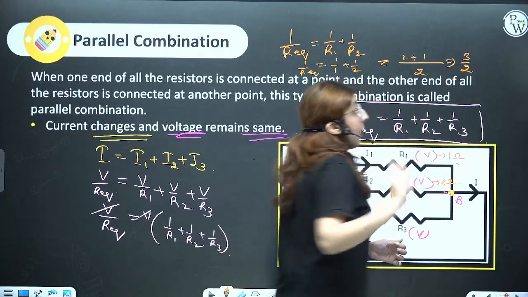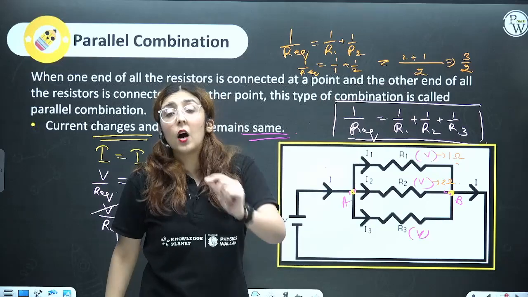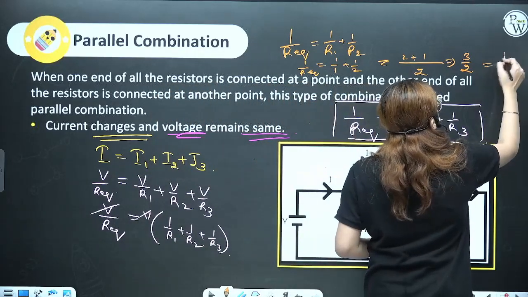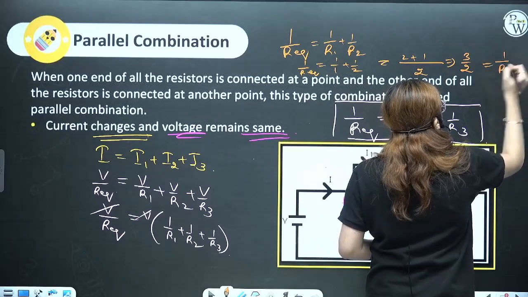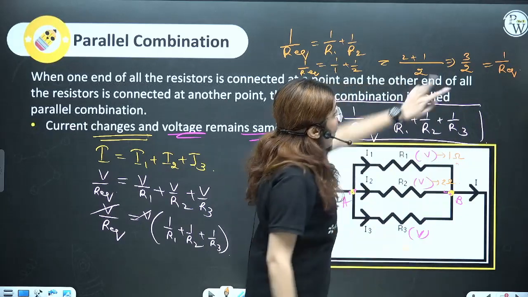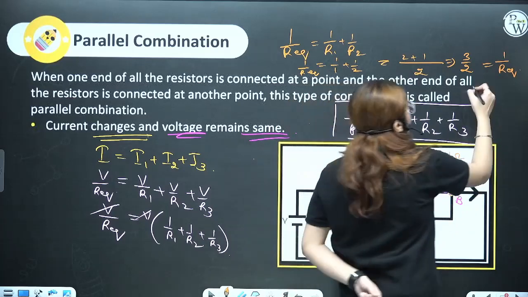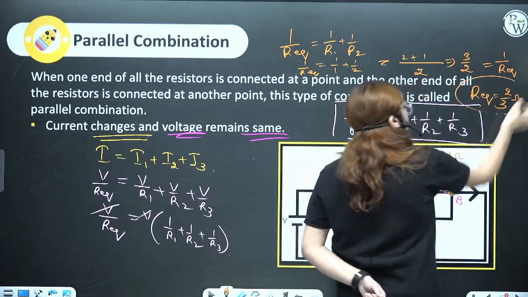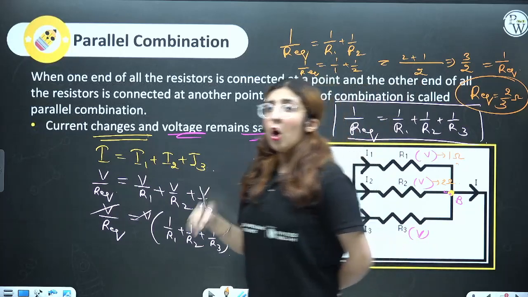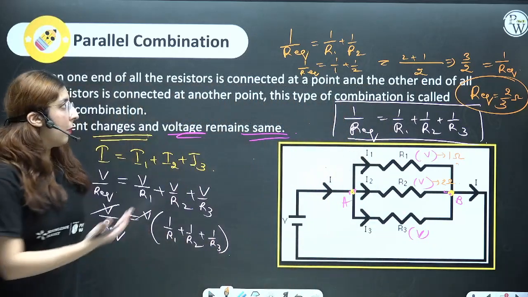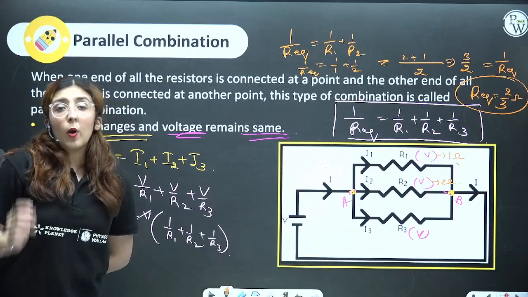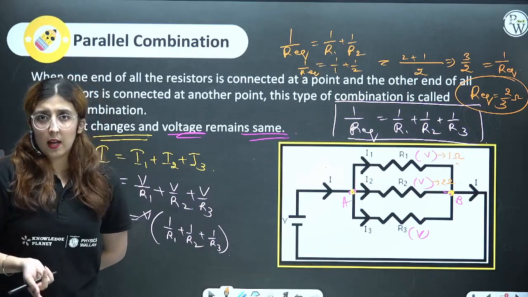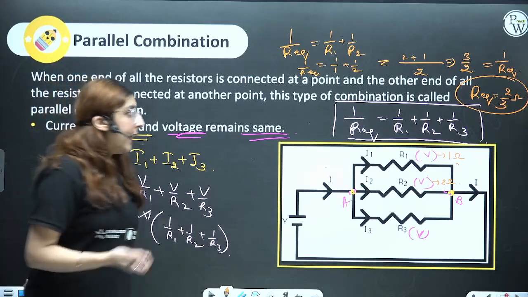Kids, now remember 3 by 2 is not the R equivalent. Why? Because this is 1 by R equivalent. You have to inverse it. The value of R equivalent will come out to be 2 by 3 ohm. The most important step that we talk about. At the end, a lot of kids get confused and don't inverse it, but you have to.